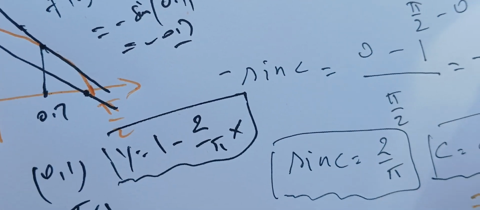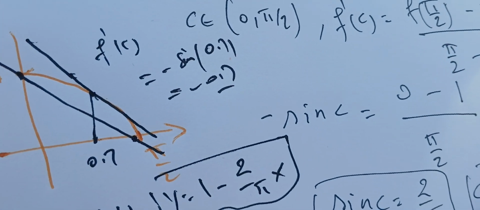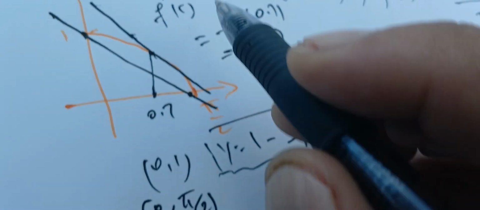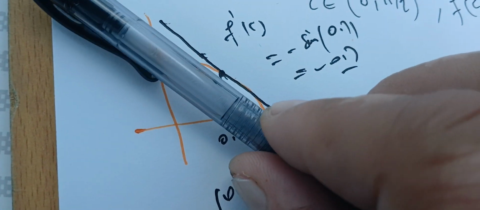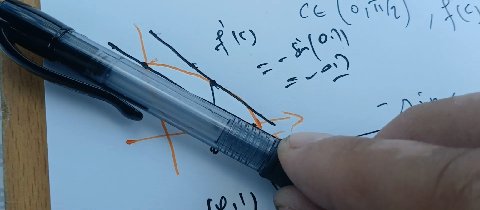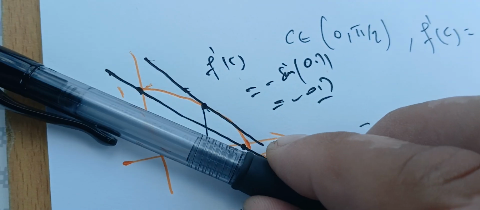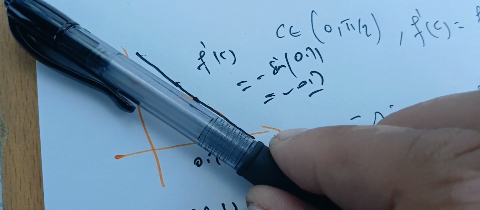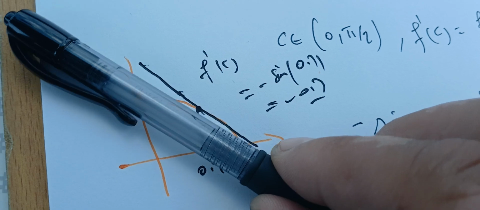So this is an application of the mean value theorem, what it means, and how we can find the interesting c. The c is here, 0.7. It has the same slope as the secant line going through (0, 1) and (pi over 2, 0). So there is a point where the secant line and the graph have the same slope.